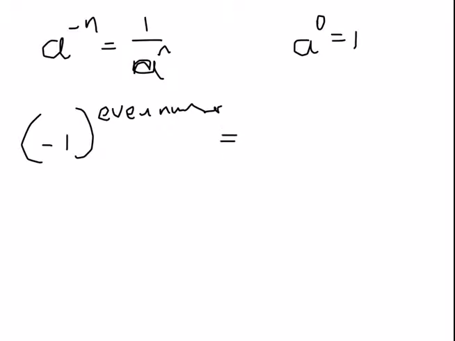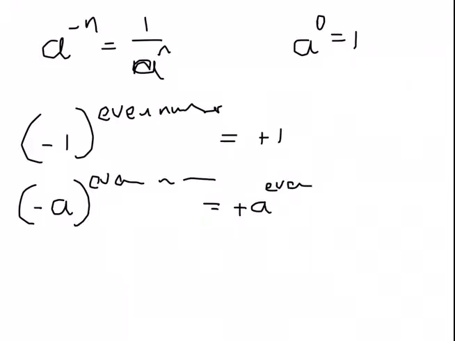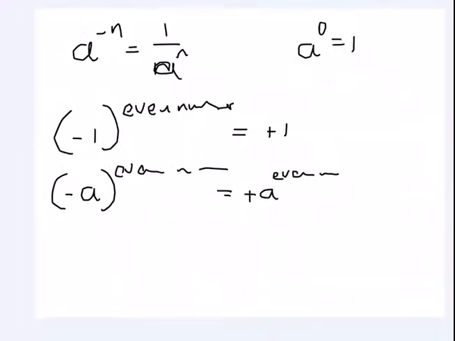You will always remain with a positive base. And even if you have a negative base being a letter, as long as you have an even number there, you will just remain with a positive base.